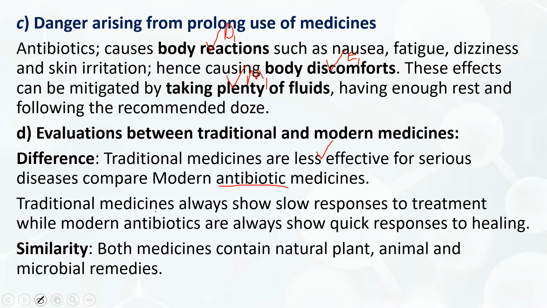Then traditional medicines always show slow responses to treatment, while modern antibiotics are always showing quick responses to healing. Here we have given two points, but you can give one point. This is just for our discussion. Then similarities: both medicines contain natural plant, animal, and microbial remedies. So they all contain all that, and that is our similarity.